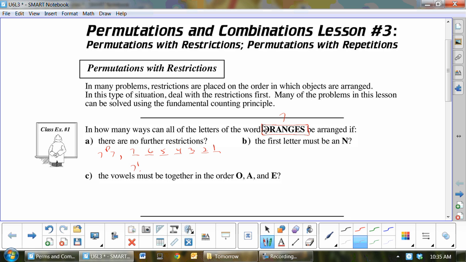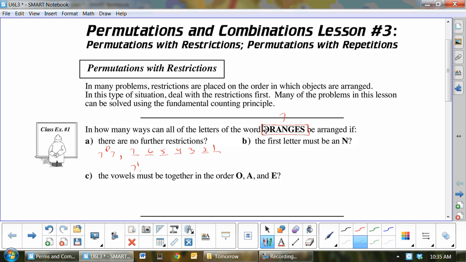No, that's not why. If I was allowed to pick 3 of these, that's still no restrictions. But we know that because we did the fundamental counting principle. What is the rule when you get to use 7 factorial? I did it on your notes yesterday. When you use all of them, that's the only time.